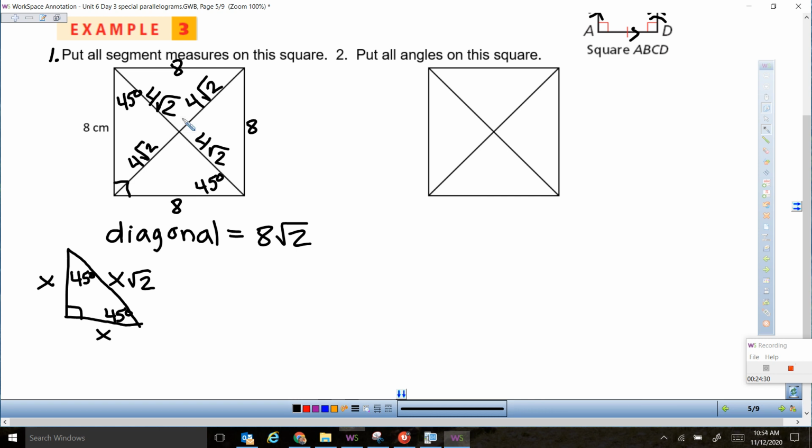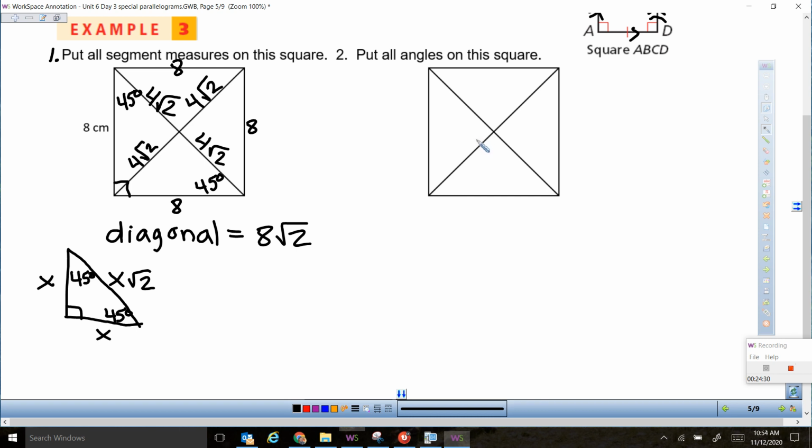Now for this next one, problem number 2 says put all angles on this square. Well, if it's a rhombus, what do I know about the diagonals? They're congruent. They bisect each other, and one more thing. They meet at a 90-degree angle.